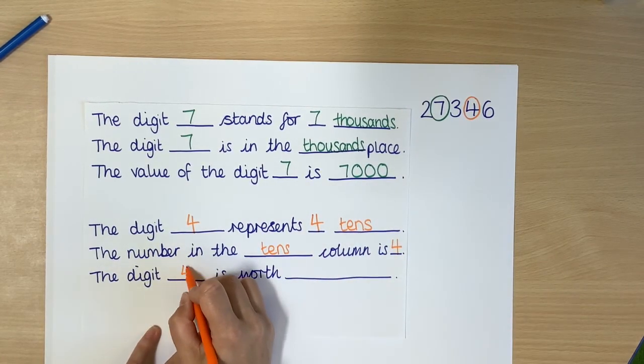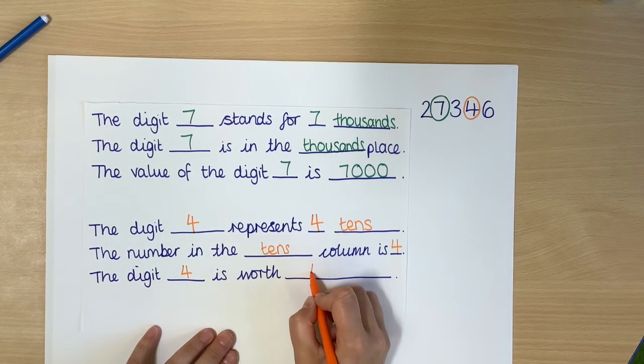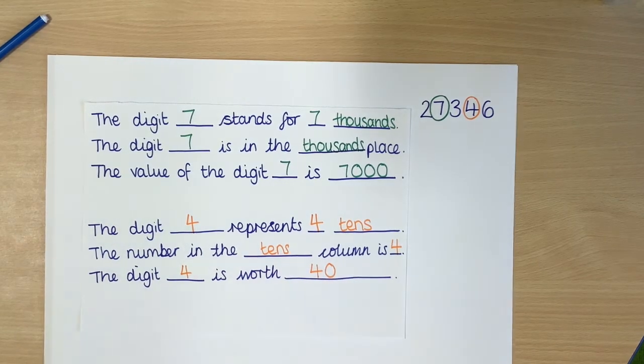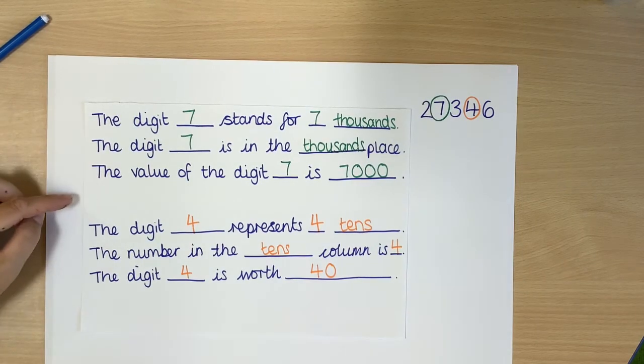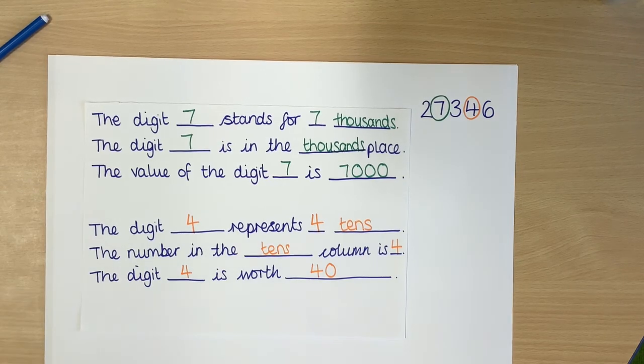The digit 4 is worth 4 tens, which is 40. So all I'm doing there is wording my sentences slightly differently each time to show that I really understand what those digits mean. So what you're going to do now, I'm going to put another blank one onto the boards, and I'd like you to have a go at saying your own sentences and possibly writing them down to show that you really understand what those digits mean.